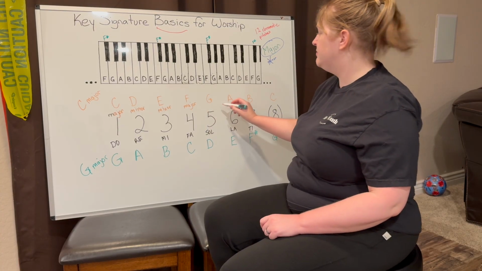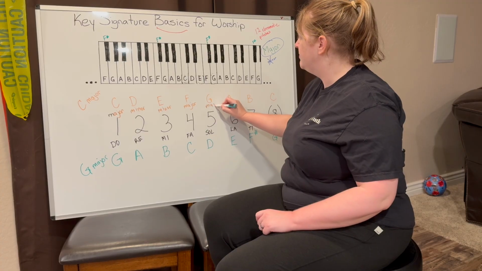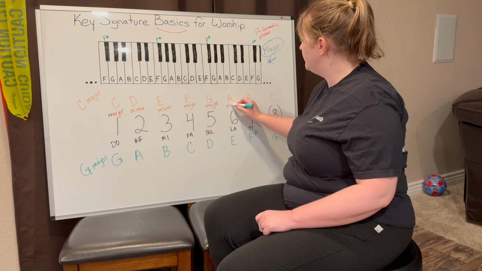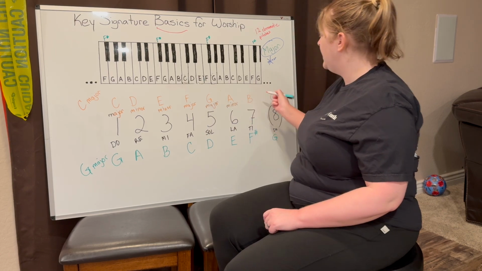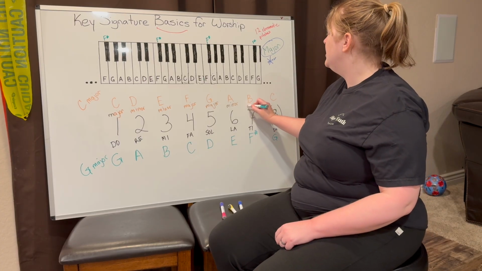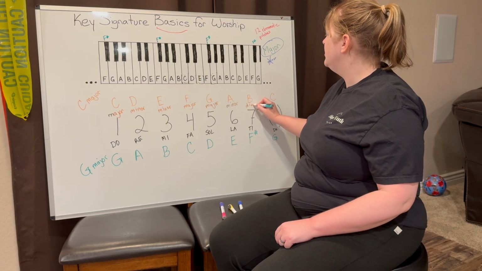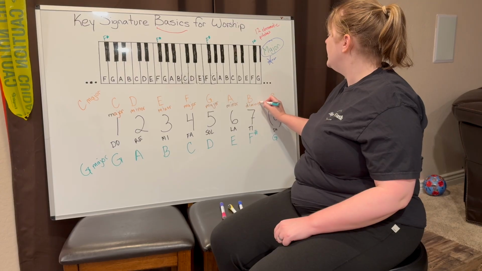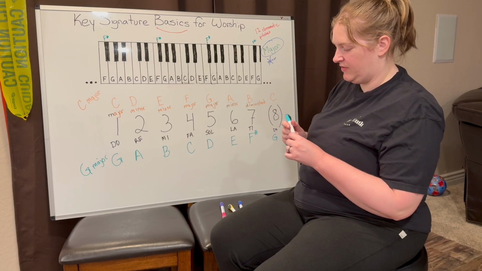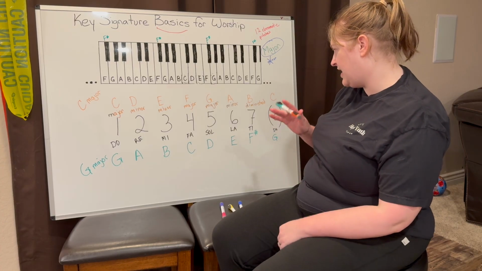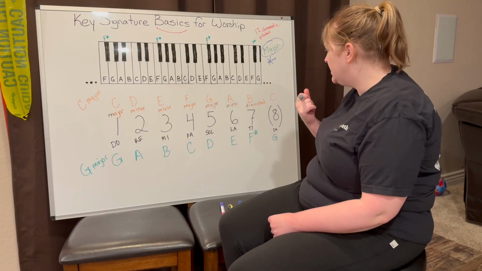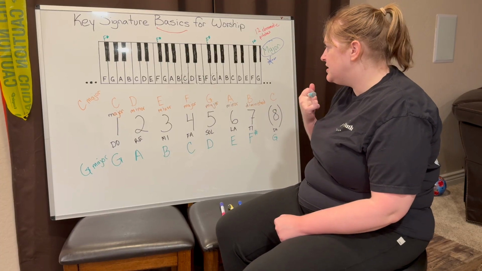The fifth one is major. 6 is minor. And the 7th chord is diminished. We rarely use that in worship music. I'm trying to think of a case where I've actually seen someone use that and actually keep it on the chart for a volunteer team, and I can't think of it.